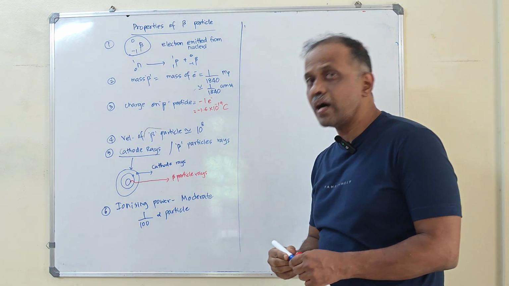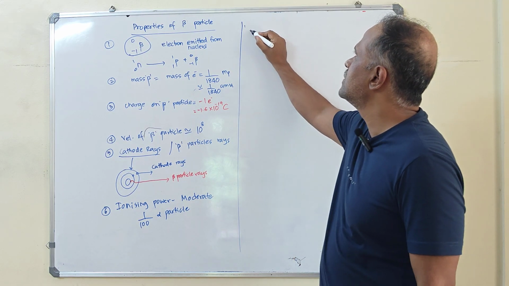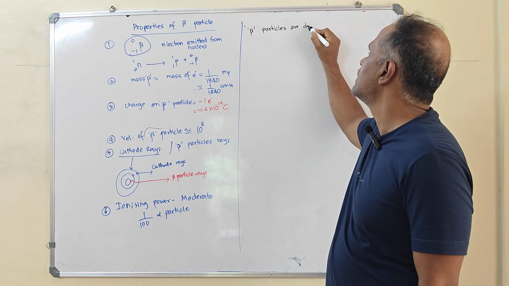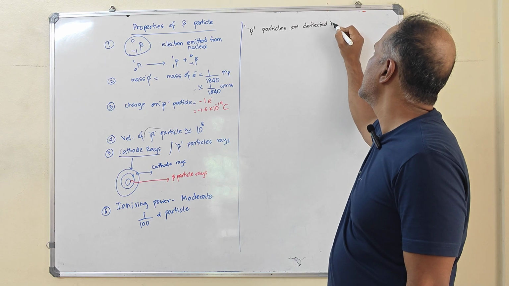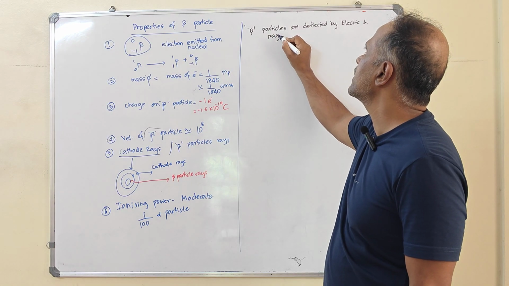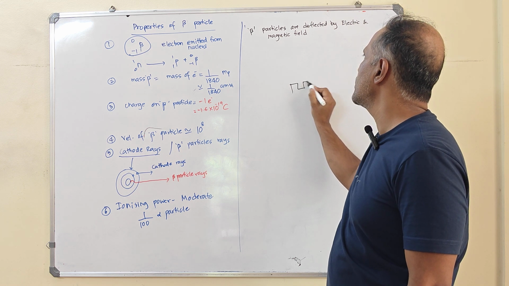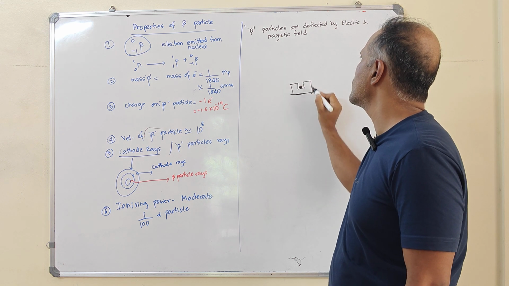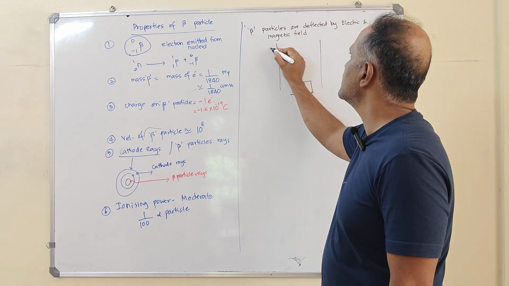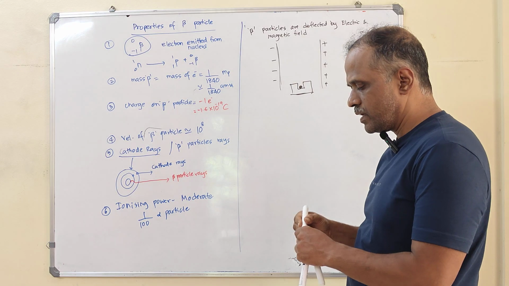Now, are they deflected by electric and magnetic field? Yes, we have seen in the last class that beta particles are deflected by both electric and magnetic field. Let me draw the diagram again. If this is the radioactive substance, this is the negative plate and this is the positive plate, then what will happen?